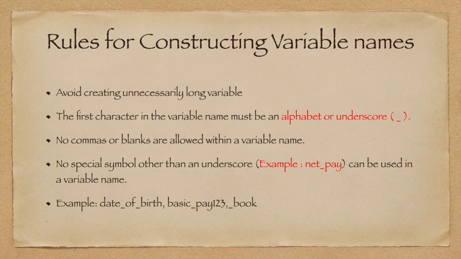We should always give meaningful names to variables so that even after we revisit the program after quite some time, we can easily understand the purpose of each individual variable. For example, for storing the date of birth, we can either write DOB or date underscore of underscore birth. For storing the basic pay, we can write basic underscore pay or something like that.